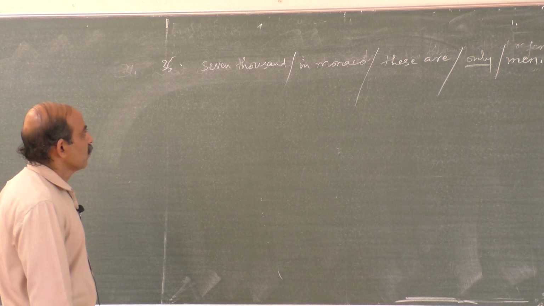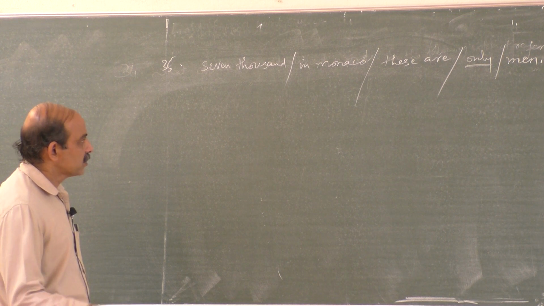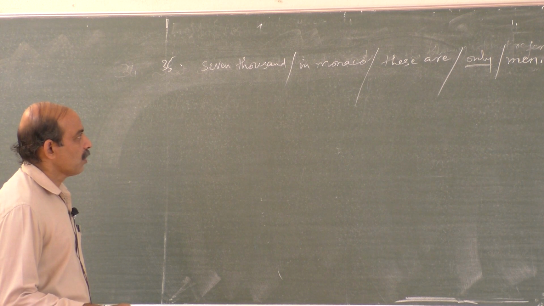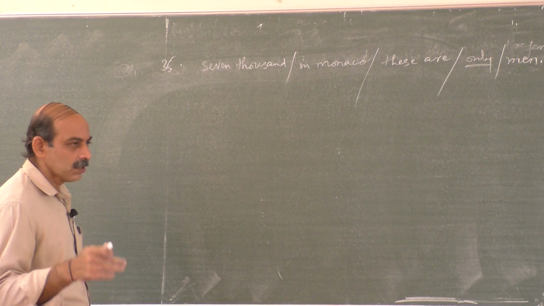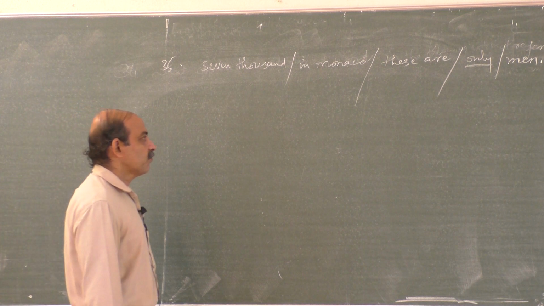These are only 7,000 men in Monaco. If you write this, does it become acceptable? You have to ask your consciousness. You have to check the consciousness, and that is why it becomes difficult sometimes.